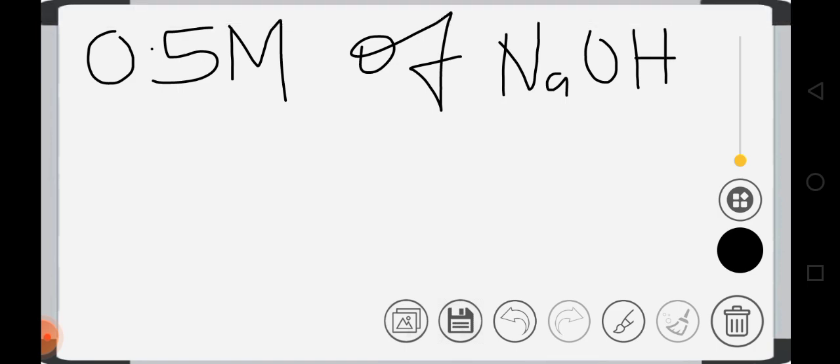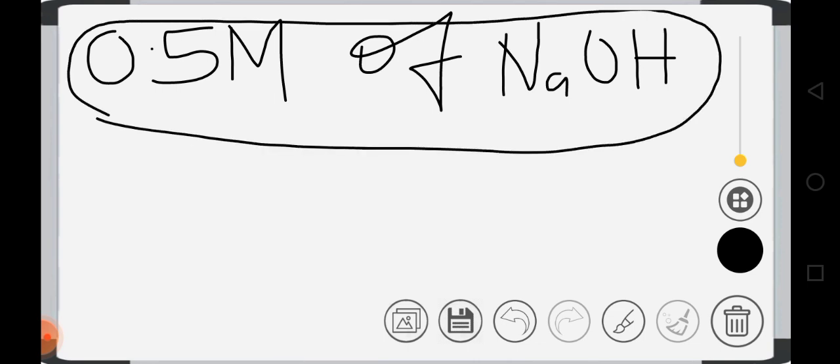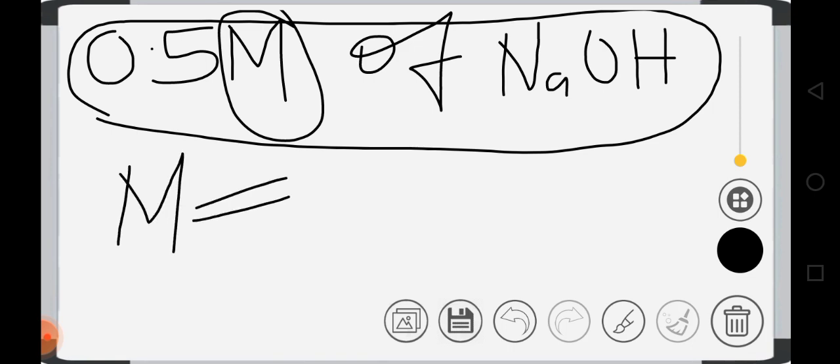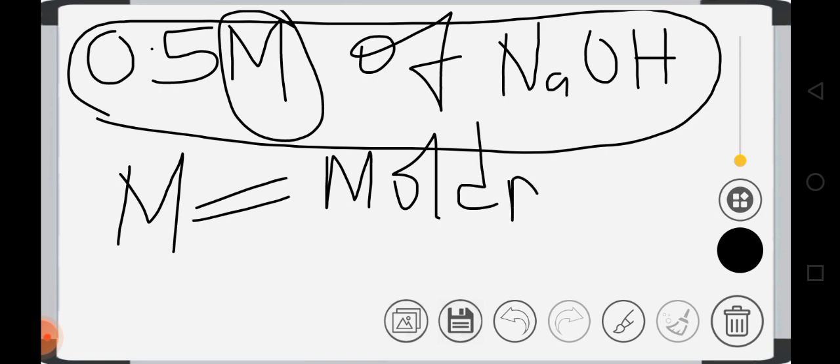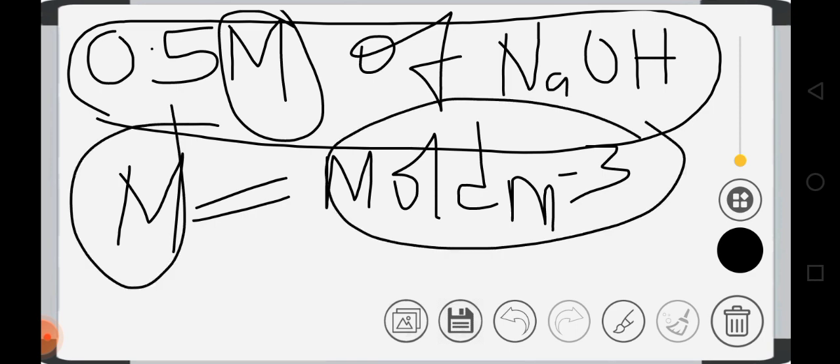So this is the actual question, to look for the grams concentration, which should be in grams per dm cube. Now look at this thing. This M you are seeing here does not represent mole, it means molarity. And this unit M is equivalent to mole per dm cube. Take note of that. They are equivalent to each other.